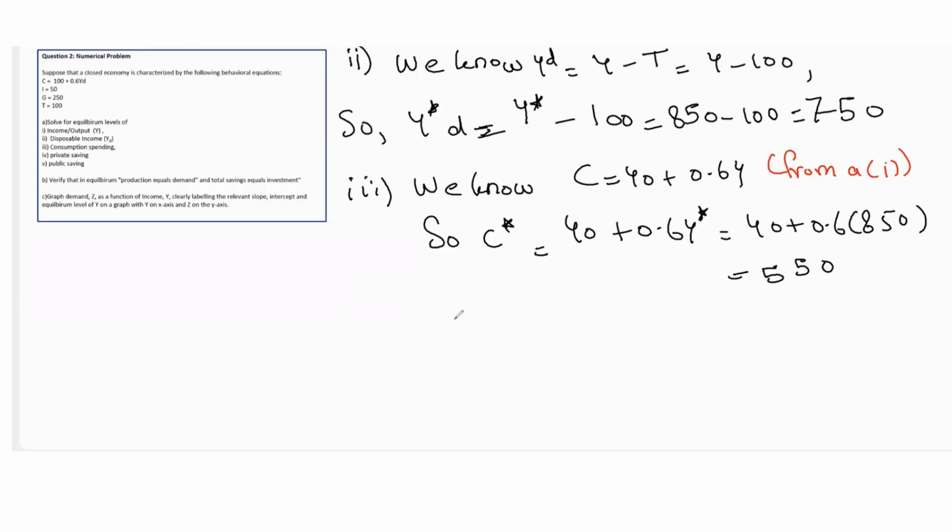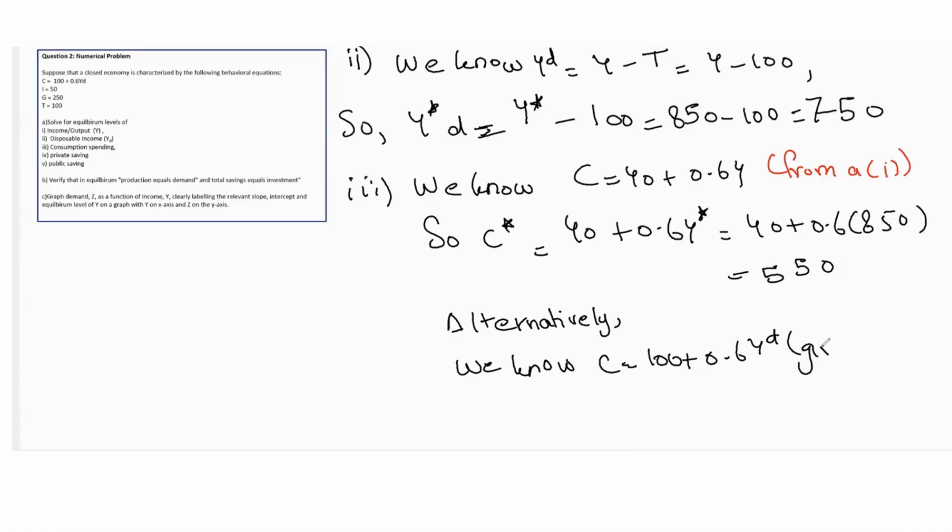Alternatively, we could have used the unsimplified form of C, which is 100 plus 0.6 YD, given in the question. We used the form that we simplified by plugging in T and writing it in terms of income instead of disposable income, but we could have used the form given directly in the question.